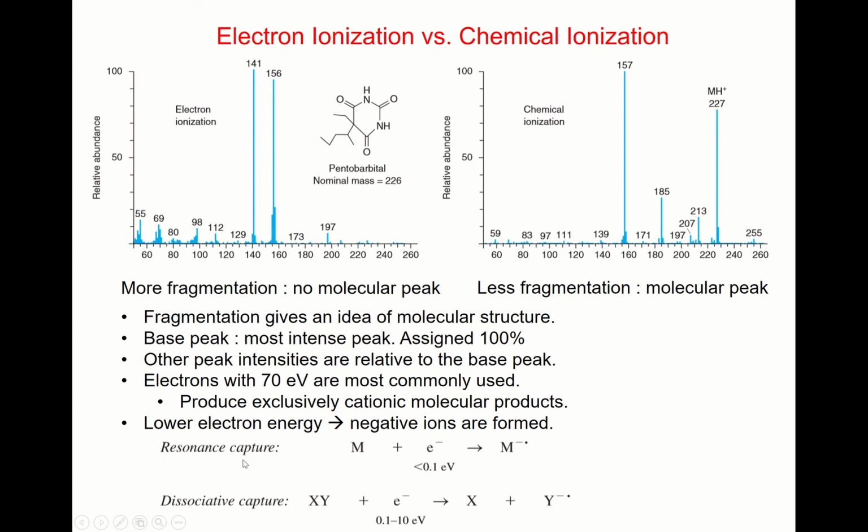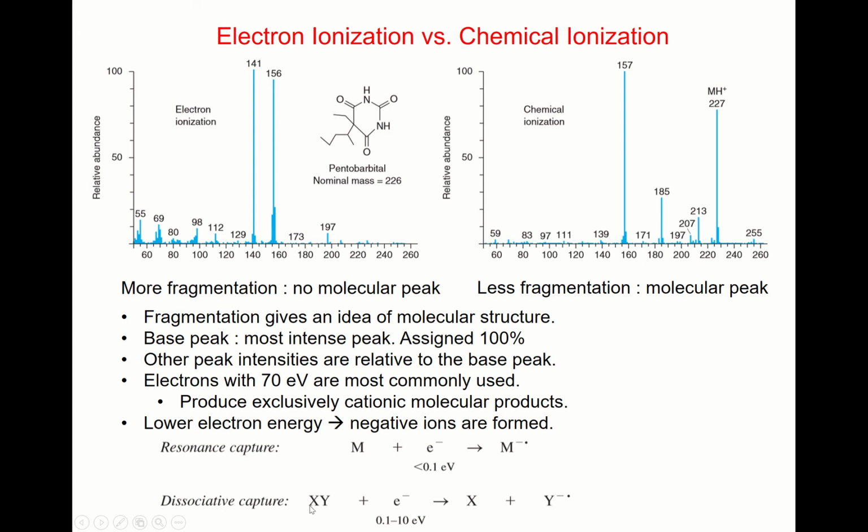The first is resonance capture. This electron energy is quite low, and this molecule simply captures an electron, and this is a molecular anion, not a cation. And also dissociative capture may take place.